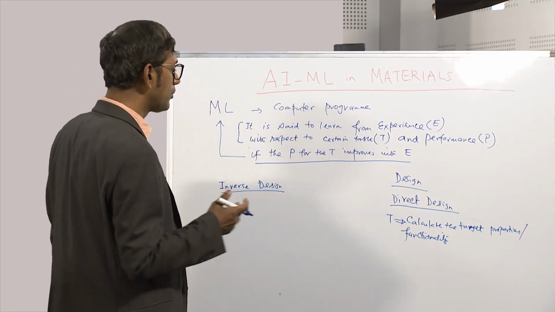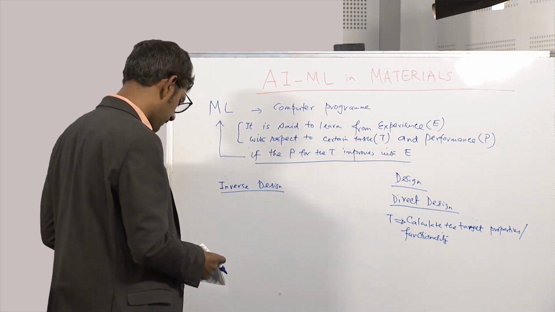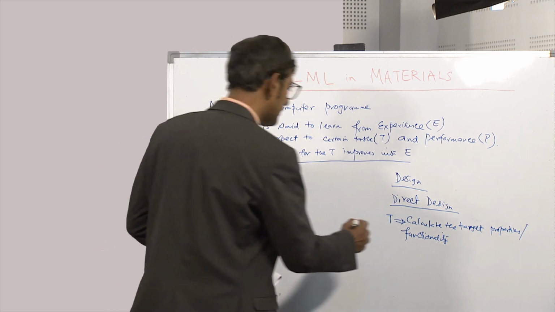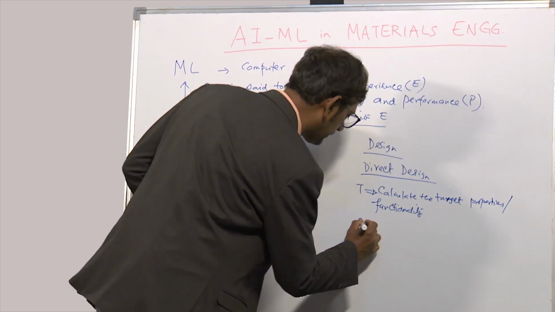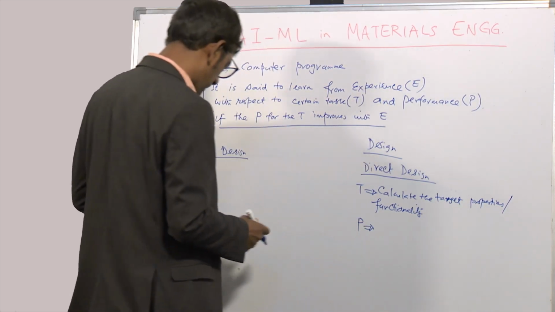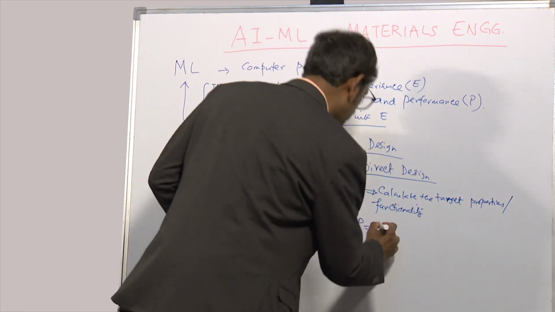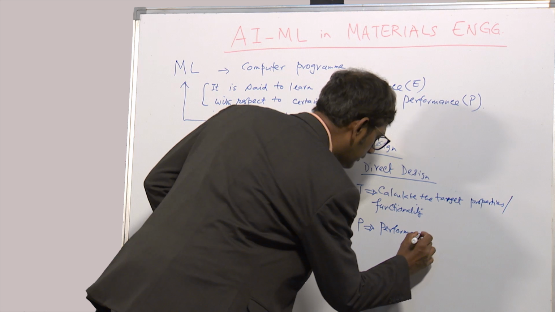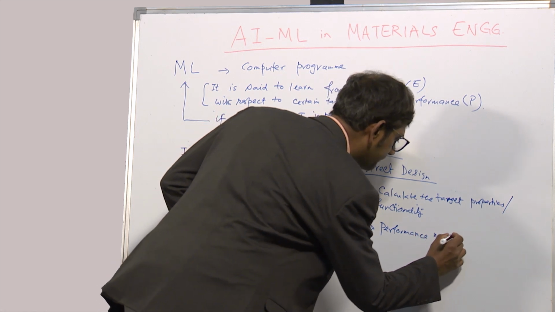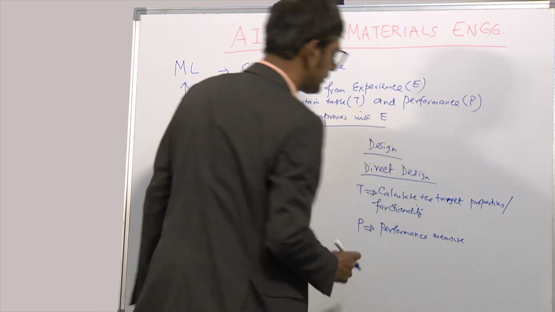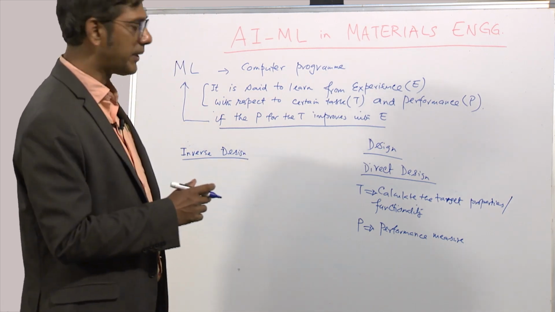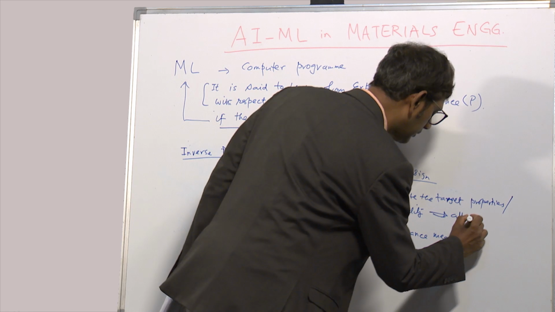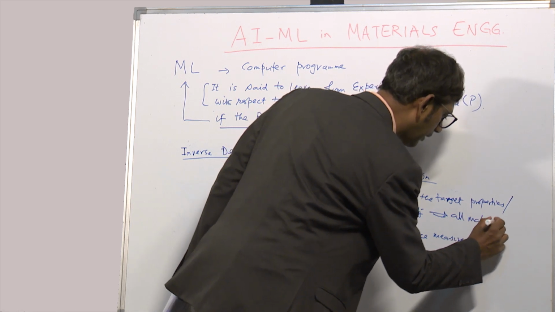So, first you calculate the target properties of functionalities, okay, and these are then investigated for a particular performance. So, we have to define the performance measure. Performance measure is what? When you talk about target properties, we considered all material domain, all the materials available.